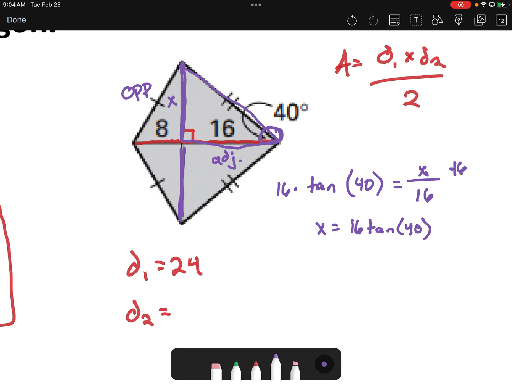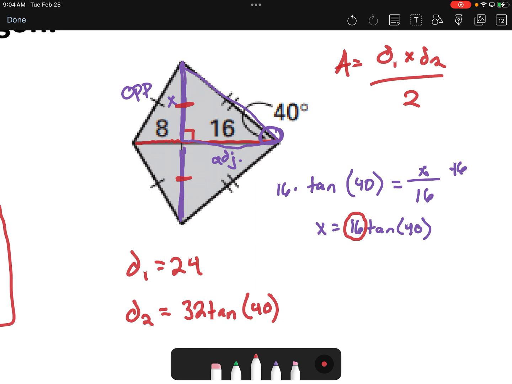Yes, it will be. What does that mean? This right here and this are the same in every kite. Otherwise, it's not a kite. It's a trapezoid. So what can I do with my value of X? You're going to double it. So all you need to double is the leading coefficient out front. So your diagonal 2 is going to be 32 tangent of 40.